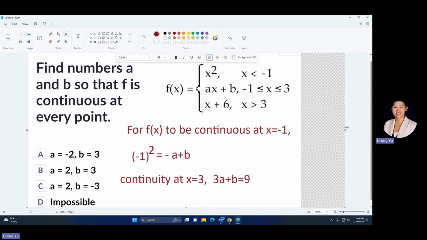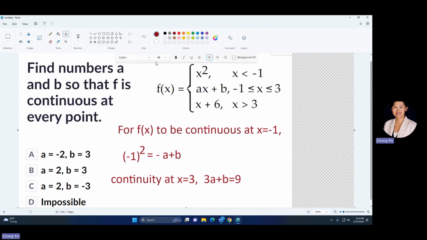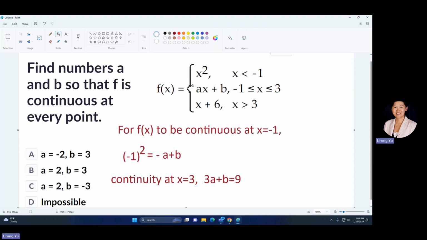All right, so combine the two, we end up having a pair of equations, and that's really how we can solve for a and b. So we have one equation that says (-1) squared, which is 1, equals negative a plus b.